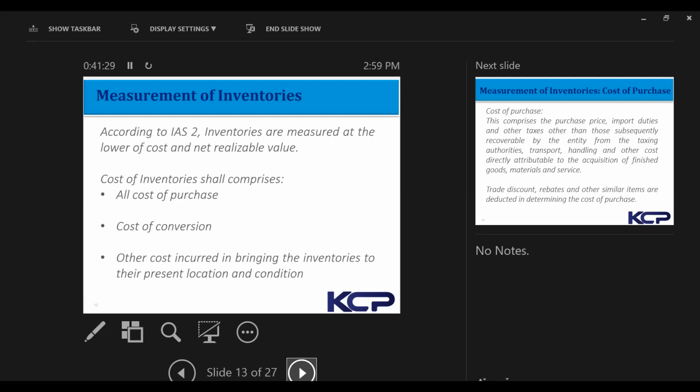Then it will give you measurement criteria. How do you measure this particular standard under this course? Do you understand? At what point do you initially recognize it? How do you subsequently recognize it, right? How do you present it? Then what disclosure requirement is expected of you?